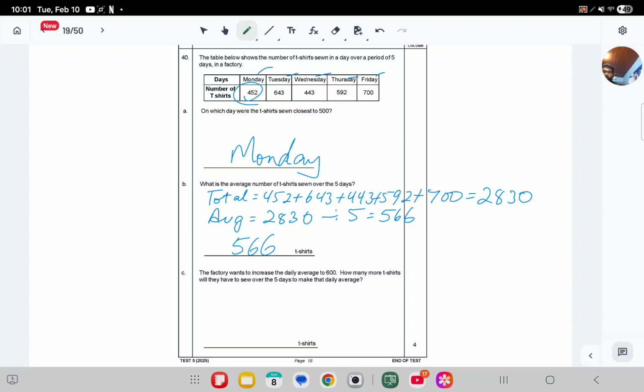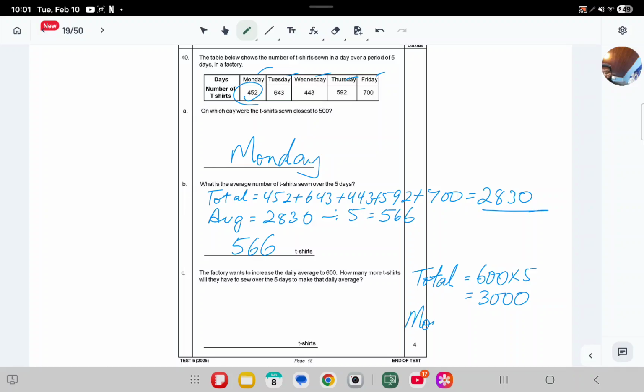Last part says now, the factory wants to increase the daily average to 600. How many more t-shirts will they have to sew over the 5 days to make that daily average? So you want to find an unknown, so you find the total. So the total for that new average, or the new total, will be the 600 multiplied by 5, which is 3,000. So basically they want to make 3,000 t-shirts over the 5 days. At present they're making 2,830.